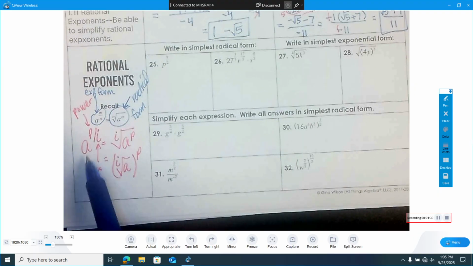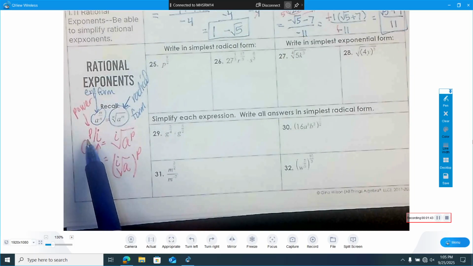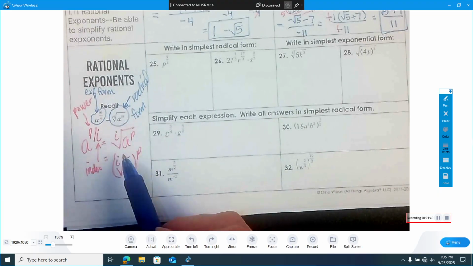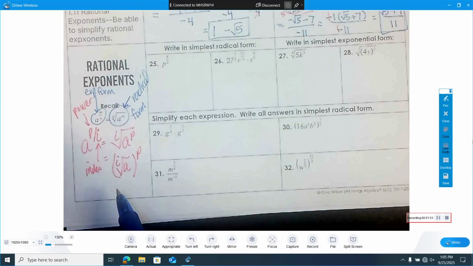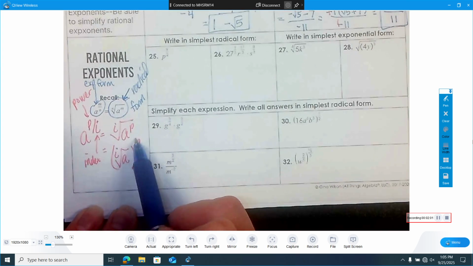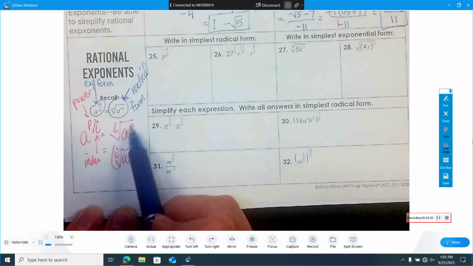Yeah, okay. So power over index is how I always remember that. PI, power over index. And so you have a power P, and the index is the number inside the little elbow of the radical. Okay, so I remember power over index as in Magnum PI. And what I wanted to point out here was that we can write it in radical form, where we have a to the p underneath the radical.